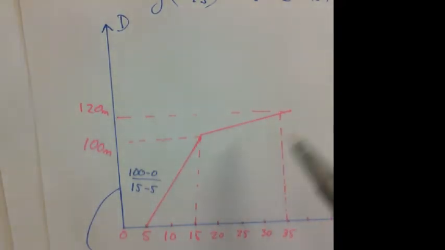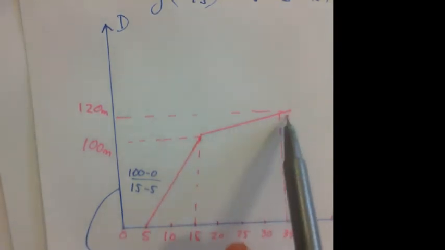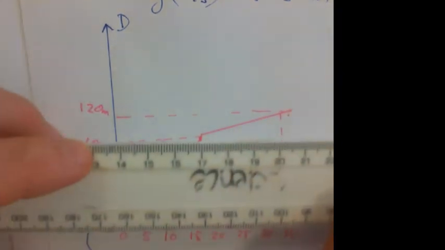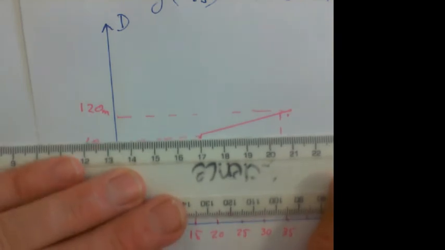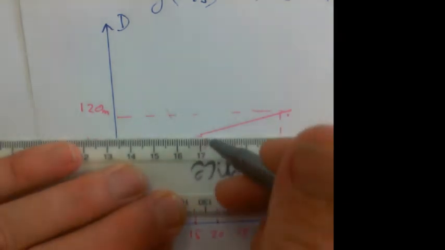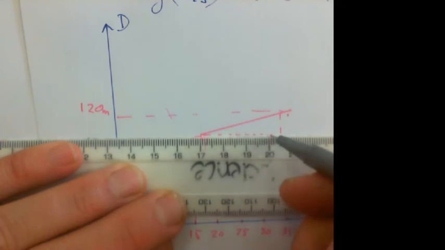Okay, I can work out how fast I was travelling from here to here. And this one's a little bit more complicated, but not very, because the only difference is I'm just not starting at 0.